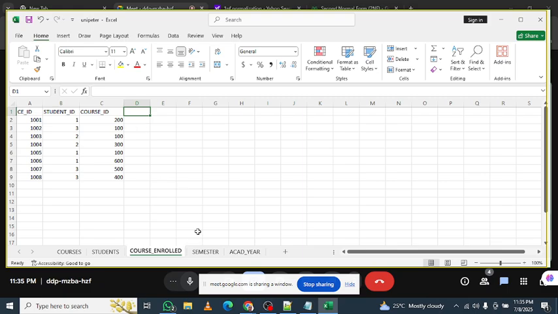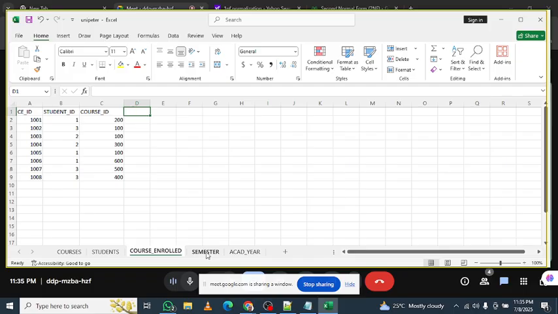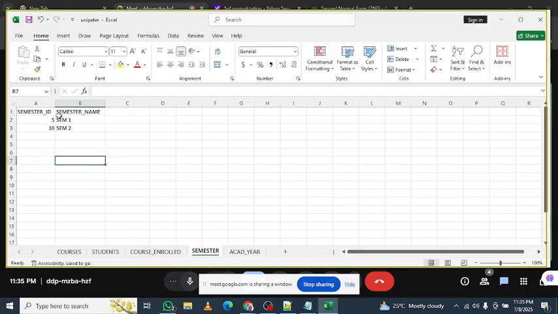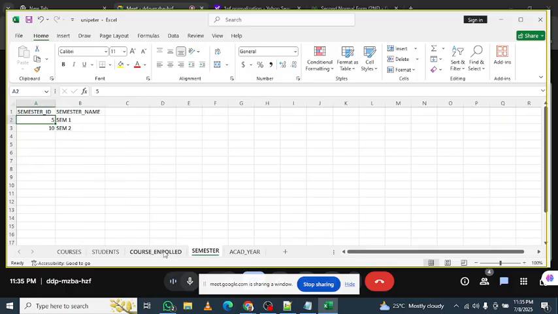Semester. They're all in semester. At least every school runs almost the same calendar. Okay, semester one, they enroll for all these courses. Semester one is what? ID 5. So this is semester ID, semester underscore ID.